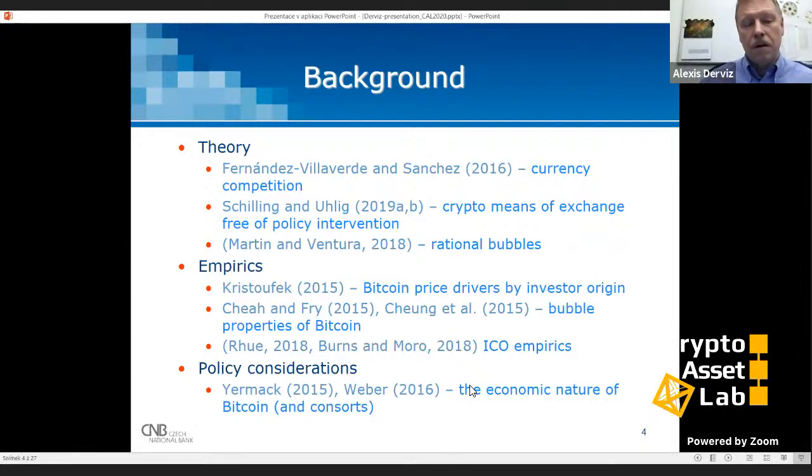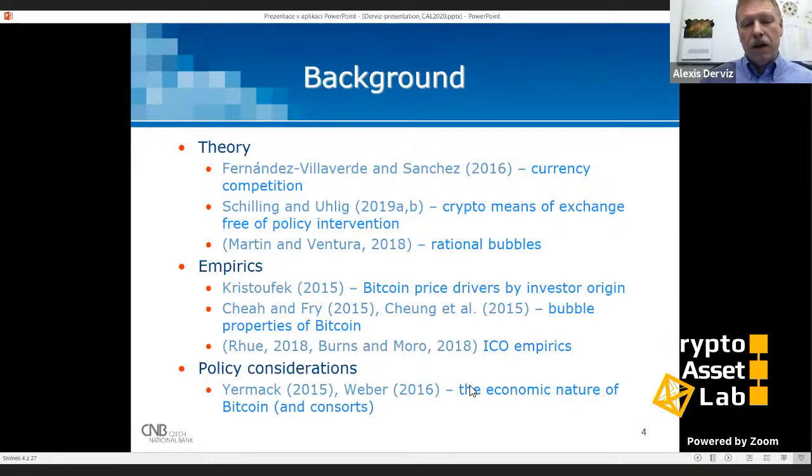People try to identify sources of price movements or bubble properties from the econometric perspective, or study what happens with initial coin offerings, to make some sense of what happens on those markets.